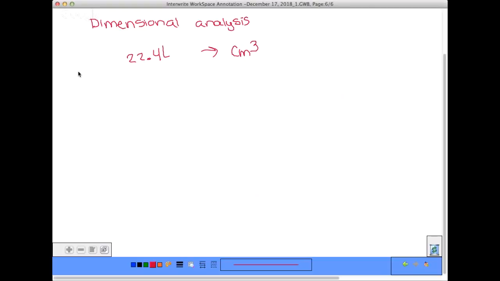We know that we can convert liters into milliliters, and we also know that we can convert milliliters into cubic centimeters. Actually, this one doesn't even involve a cube. So we would have 22.4 liters.